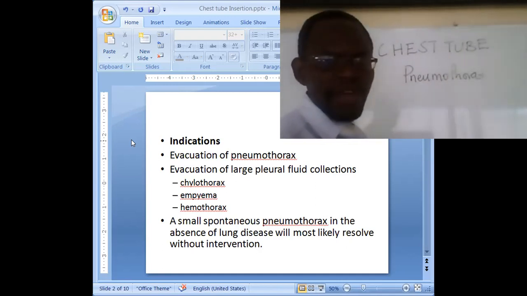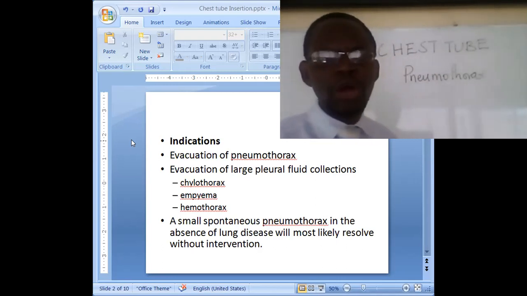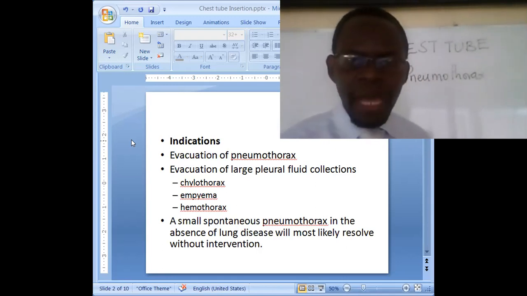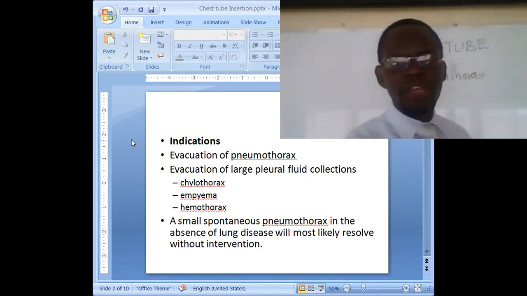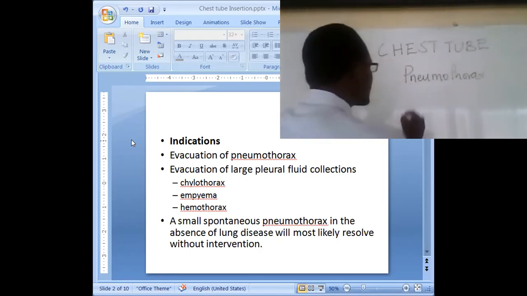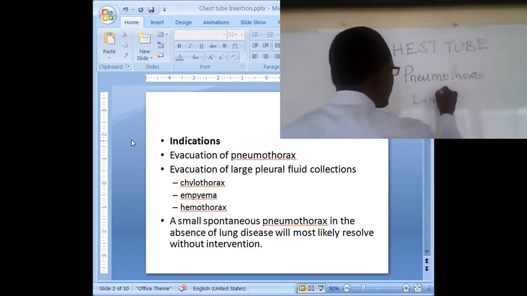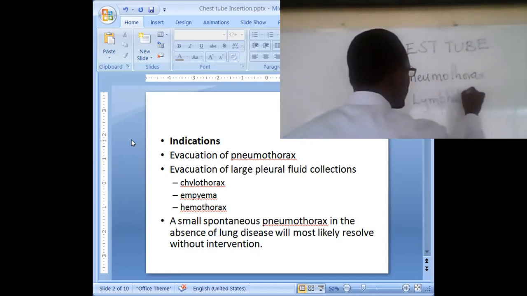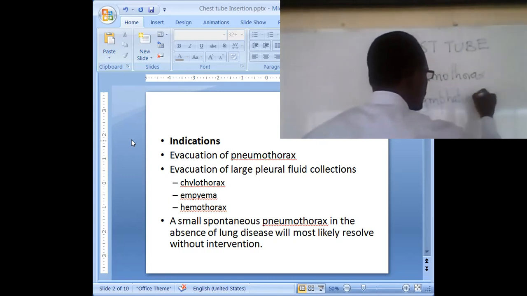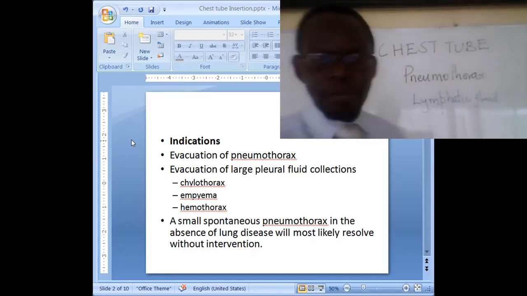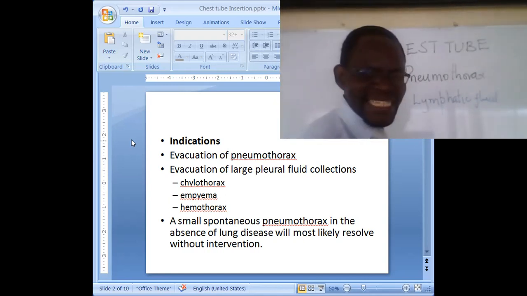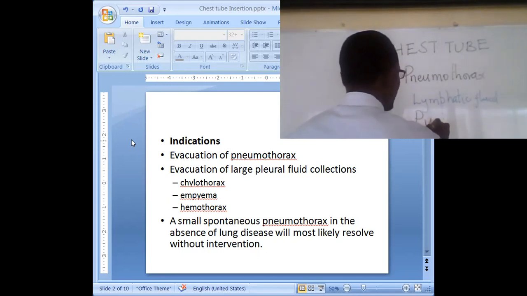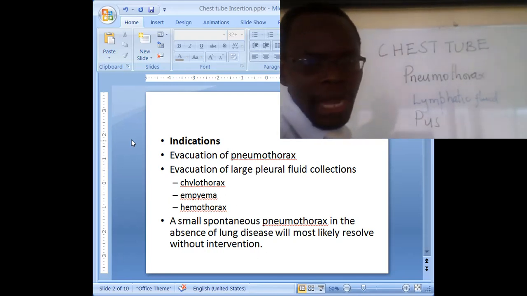Then we use it for evacuation of large fluid collections, like chylothorax, empyema, and hemothorax. Chylothorax is basically accumulation of lymphatic fluid within the pleural cavity, while empyema is accumulation of pus within the pleural cavity.